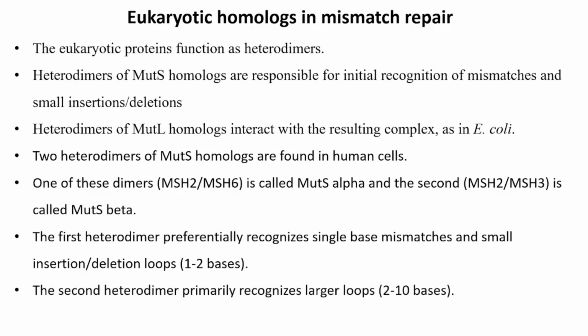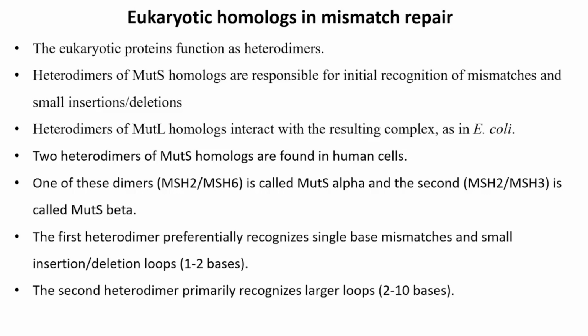The second heterodimer primarily recognizes larger loops of 2 to 10 bases. Most, that is almost 80 to 90% of the MSH2 in the cell is complexed with MSH6 to form MutS alpha. Thus, MutS beta is a relatively minor activity.